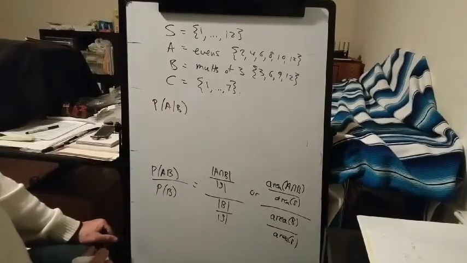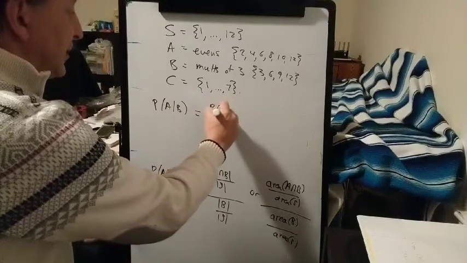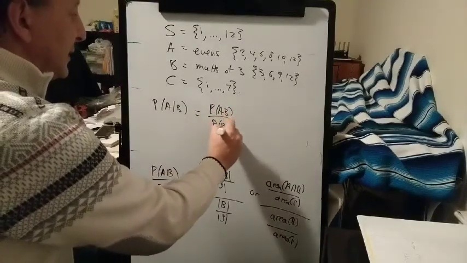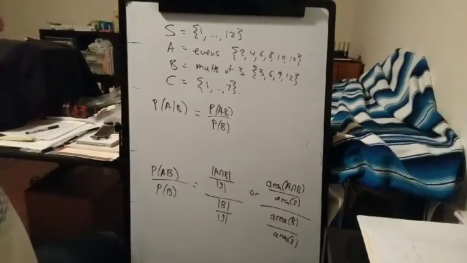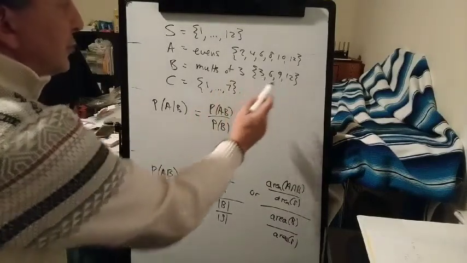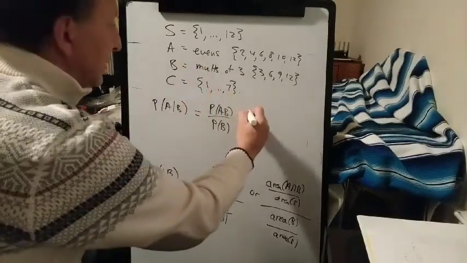The probability of A given B, we could write as probability of A and B over probability of B. So probability of A and B is, we've got two numbers that are both even and multiples of 3.